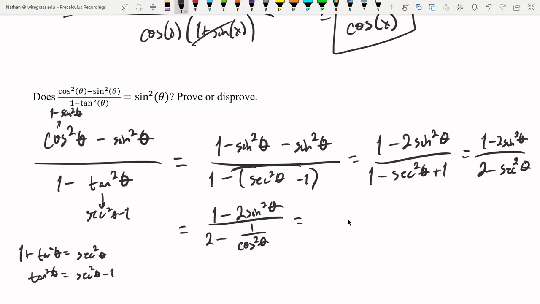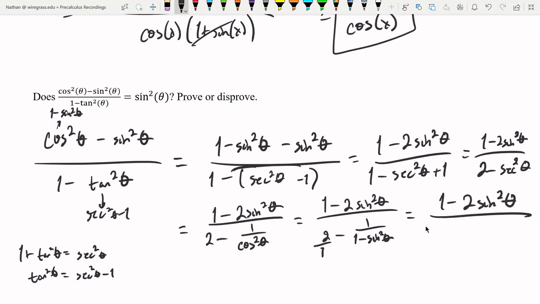Cosine squared is 1 minus sine squared theta using the Pythagorean identity once again. And now I can get common denominators. That's going to give me 1 minus 2 sine squared theta over 2 times 1 minus sine squared theta minus 1 over 1 minus sine squared theta.